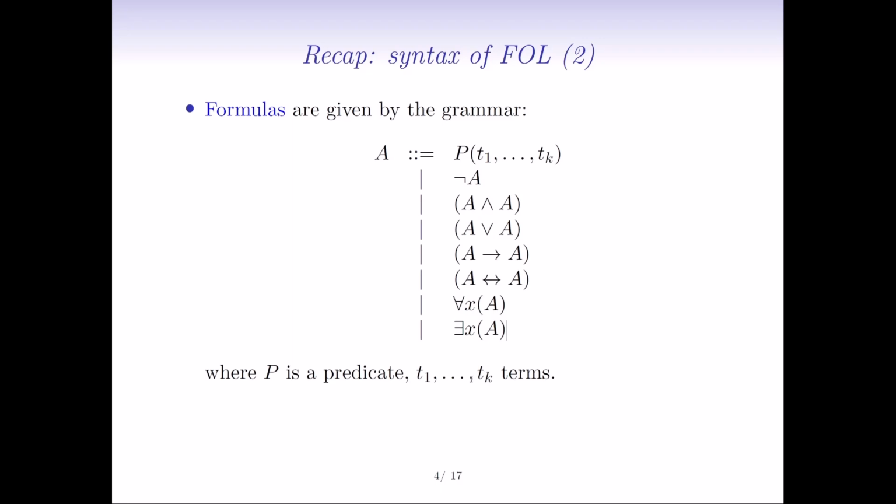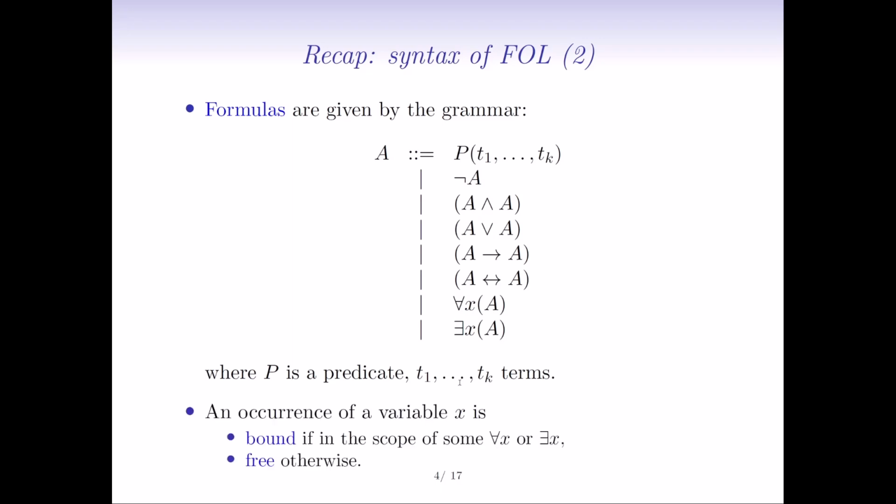That gives us the concept that if we have a variable occurring in a formula, we can say that it's either bound by a particular quantifier, or it's free, which means that it's not bound by any quantifier. Take an occurrence of a variable x, for example. Then it is bound if it's falling within the scope of some quantifier for all or exists with the same name.